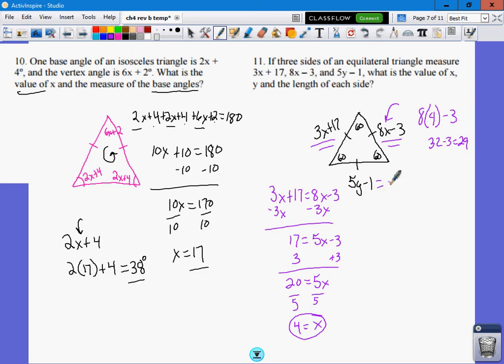So I know that this side is equal to 29. 5y minus 1 equals 29. Add 1 to both sides. I now have 5y is equal to 30, which means y is equal to 6. So x is 4, y is 6, and each of my sides is 29.